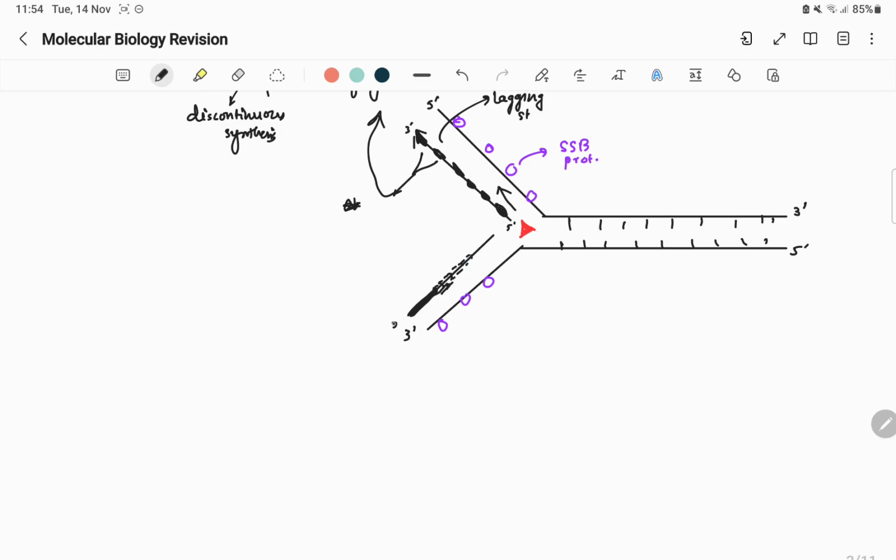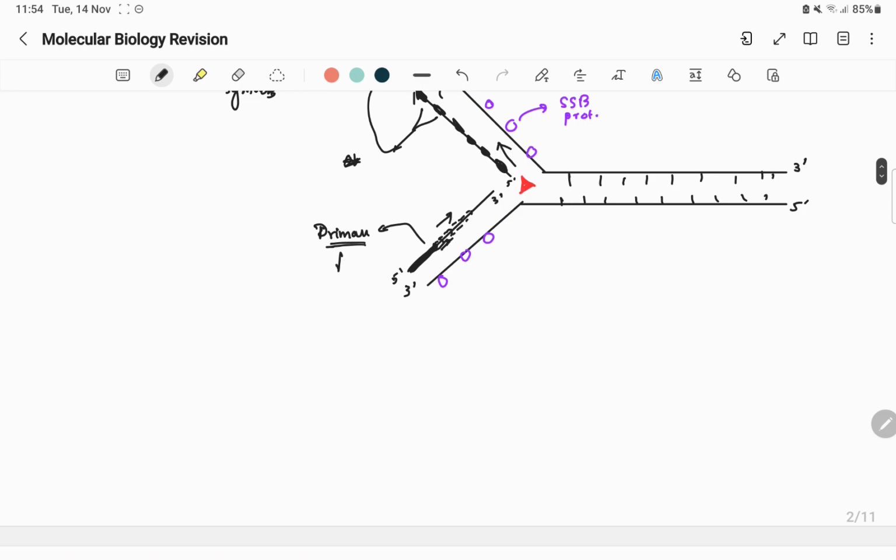Synthesis is continuously going on. This is also occurring in a 5' to 3' direction, and this is aided by primase. What is primase?